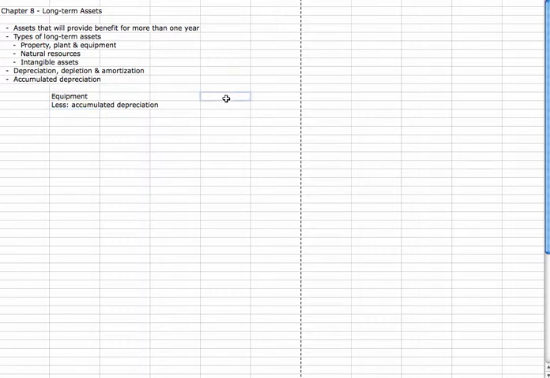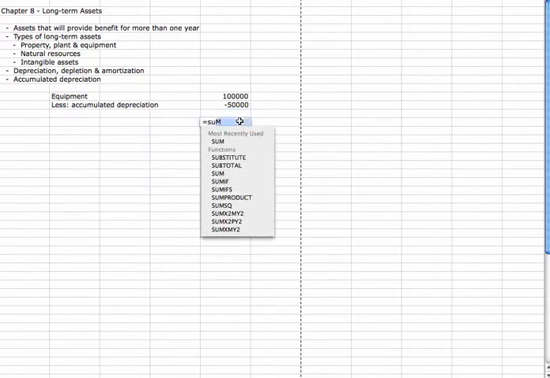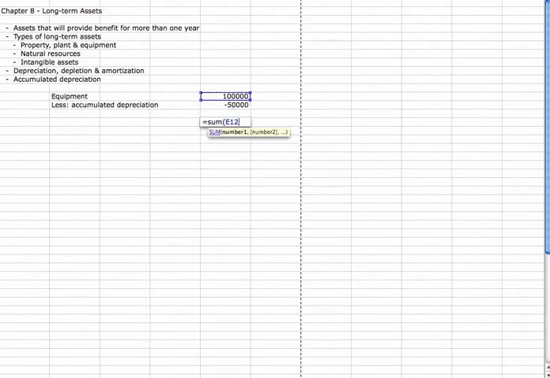For instance, if I have $100,000 in equipment, and over the years so far I've depreciated $50,000 worth of that equipment, when I take the difference between the $100,000 and the $50,000, I come up with $50,000, which is 100 minus 50 gives me 50.